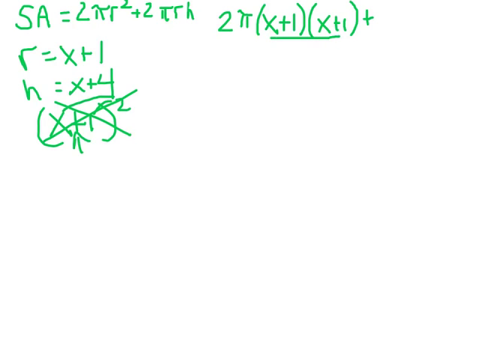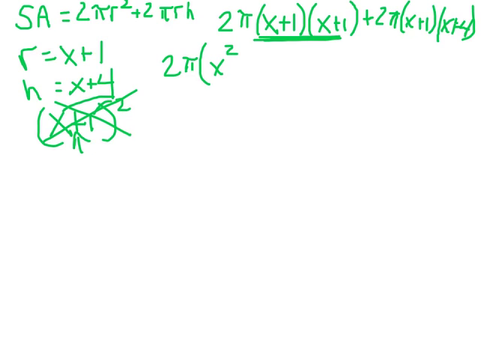Alright, and then we'll say plus 2 pi, and then our radius times our height. And here I'm just going to go ahead and use foiling. Okay, so my 2 pi is going to come down, and then I'm going to FOIL this guy. So first times first is x squared, and then outside, so x times 1, so plus x.